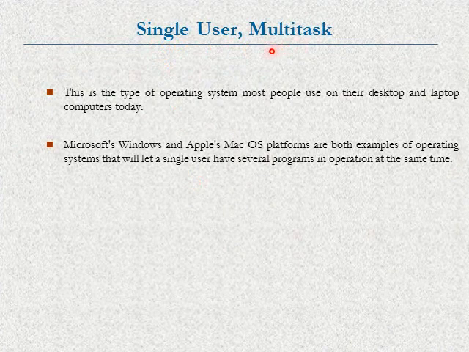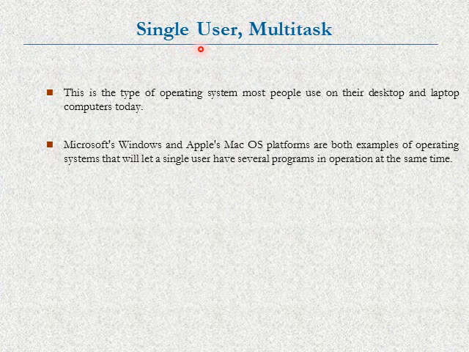Single user multitask machines are the ones where we have a single user, but we have multitasking support, like the operating system that you may be using right now. It is a single user because only you are working on it, but multiple tasks can run simultaneously.